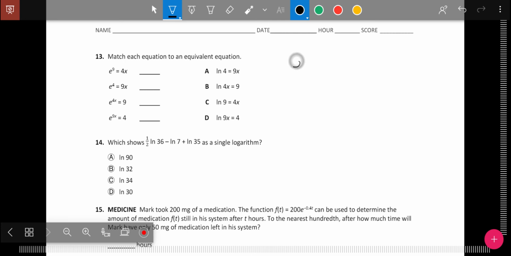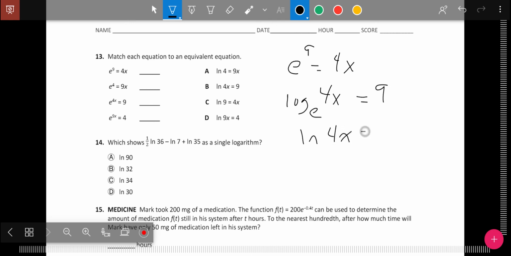If I just look at the first one, e to the power of 9 equals 4x. If I think about logging it, then it's going to be log base e of 4x equals 9, and log base e is just ln, so ln 4x equals 9. Right?